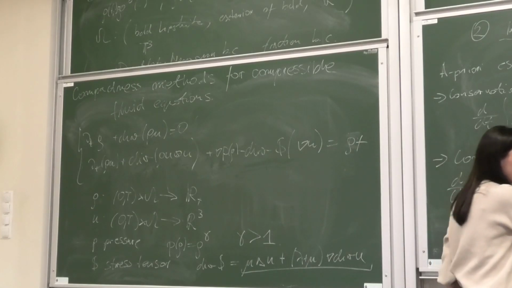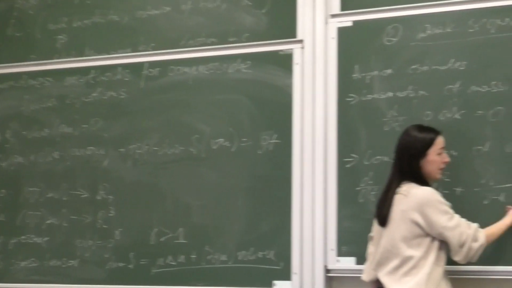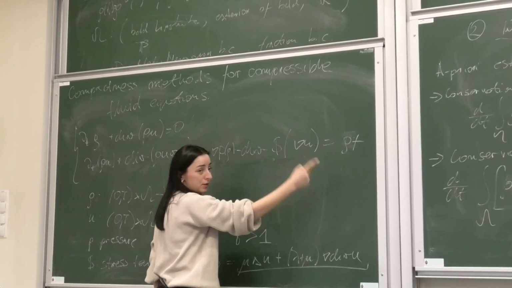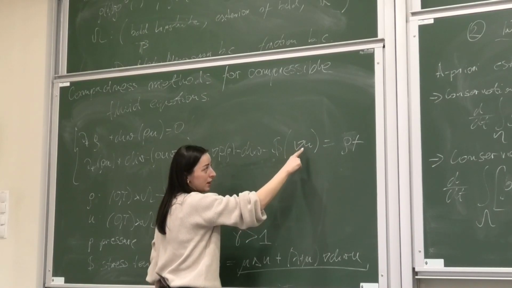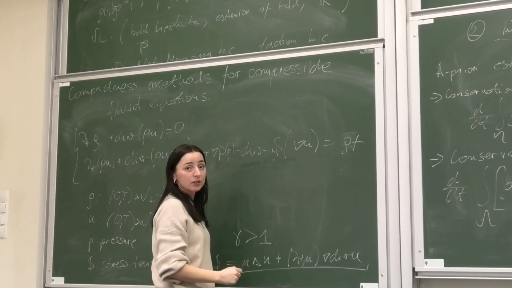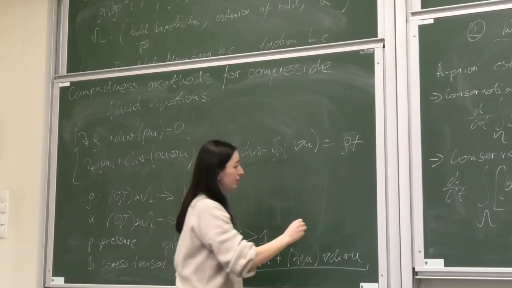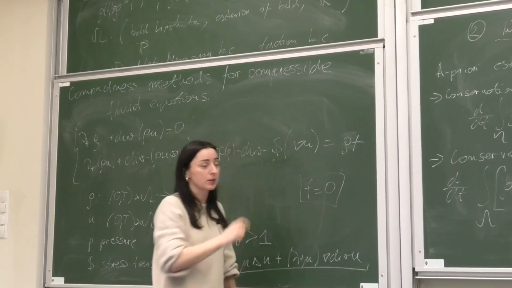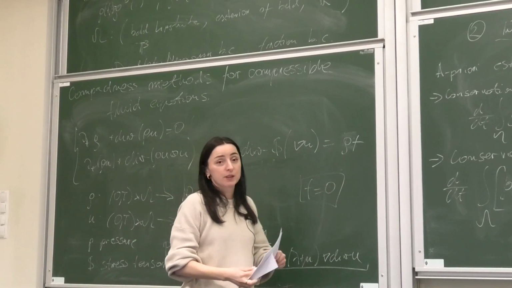The strength of nonlinearity gives us, again, nice estimates for the density here. And then there is a dissipation term. So I multiply by velocity u, I put the divergence on the velocity, so I have S, the stress tensor, scalar product with gradient u. This is a tensor, scalar product with another tensor, which is the gradient of u. That's what we get. F is going to be equal to 0 from now on, to simplify the calculations. So this is the conservation of energy.